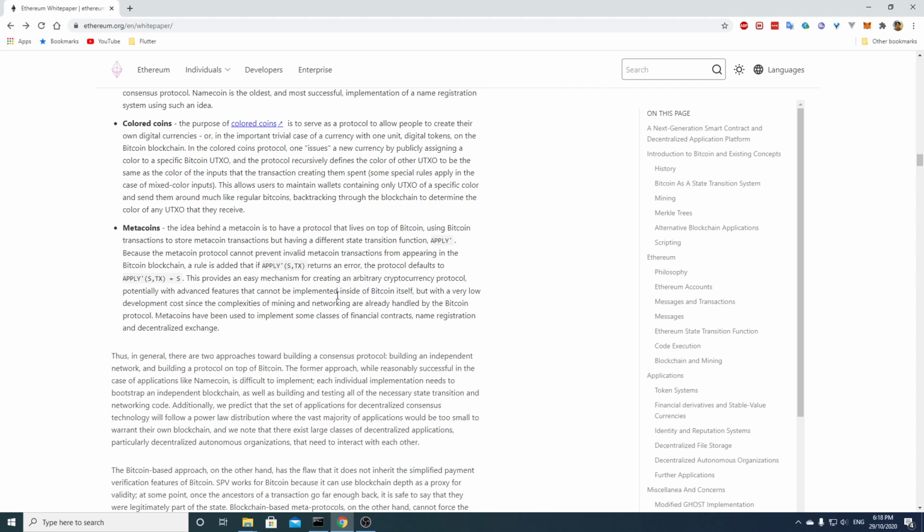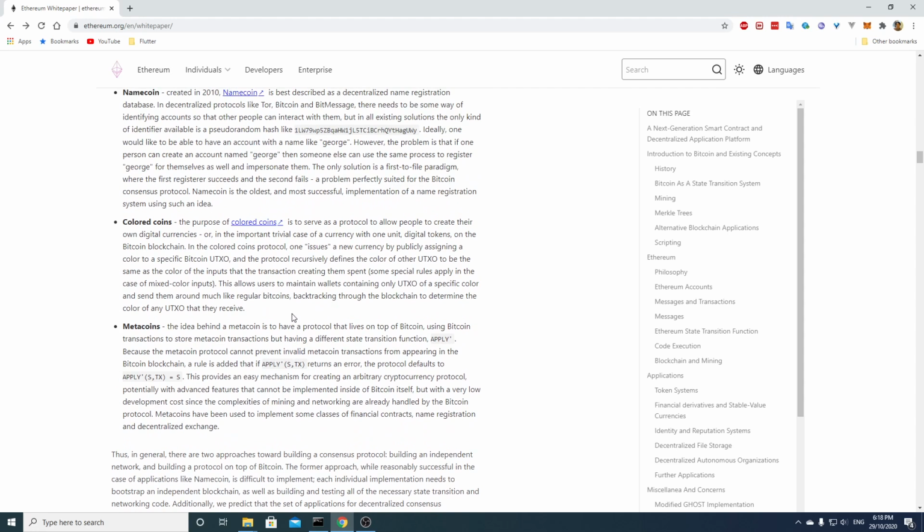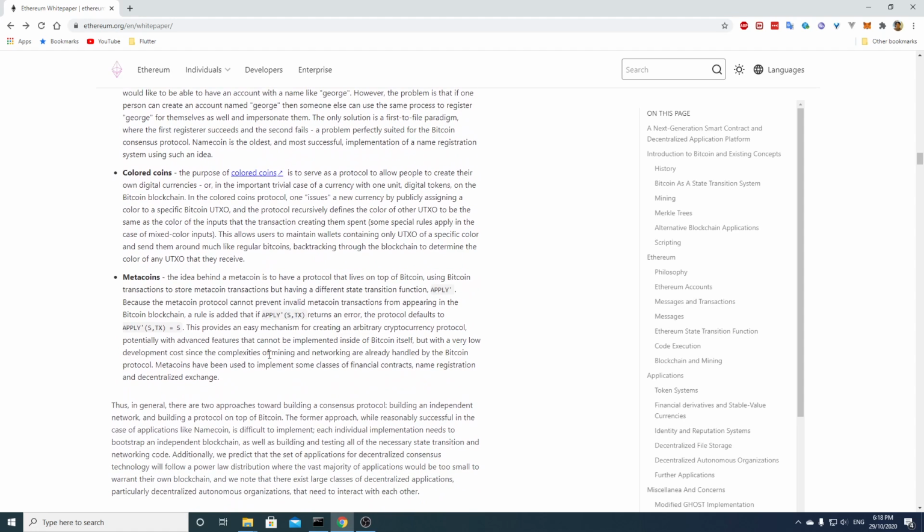This provides an easy mechanism for creating an arbitrary cryptocurrency protocol, potentially with advanced features that cannot be implemented inside Bitcoin itself, but with a very low development cost, since the complexity of mining and networking are already handled by the Bitcoin protocol. Metacoins have been used to implement some classes of financial contracts, name registration, and decentralized exchange. I think, for example, that the first USDT was a metacoin.